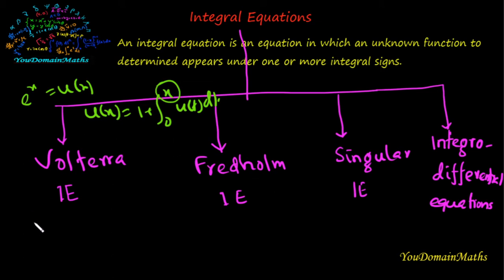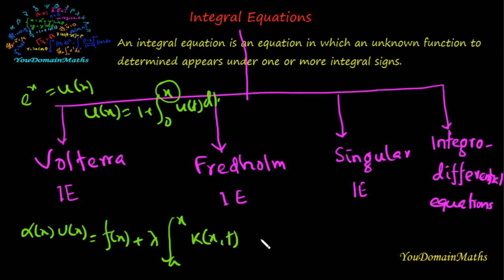So we can write the standard form of the Volterra integral equation: alpha(x) u(x) = f(x) + lambda times the integral from a to x of K(x,t), which is called the kernel, u(t) dt.